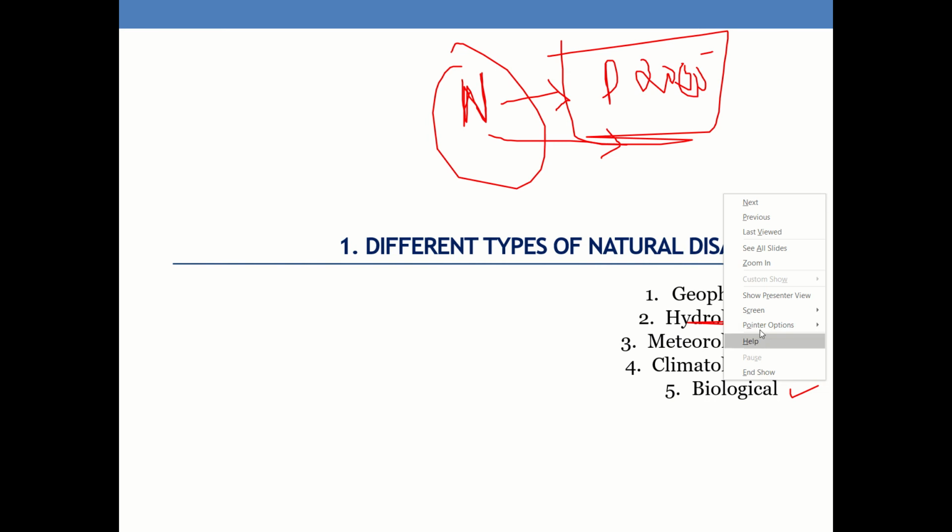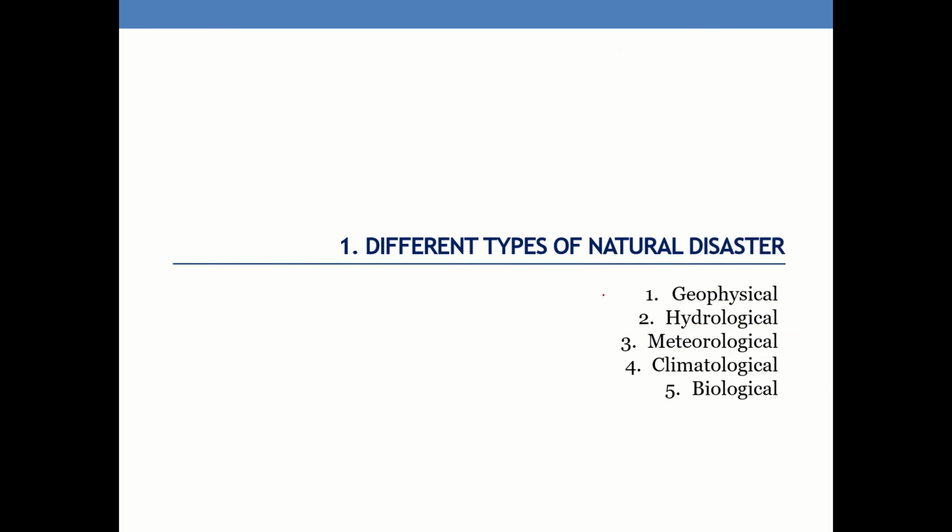In the syllabus, we have some of these, not all 5. We have one example for geophysical, hydrological, and meteorological, where cyclone is there. We are not covering climatological and biological natural disasters.